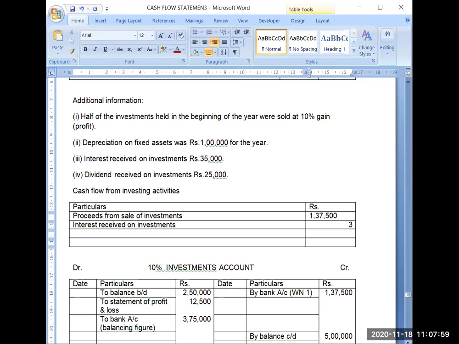Interest received is 35,000. Dividend received on investments. Dividend received is 25,000.